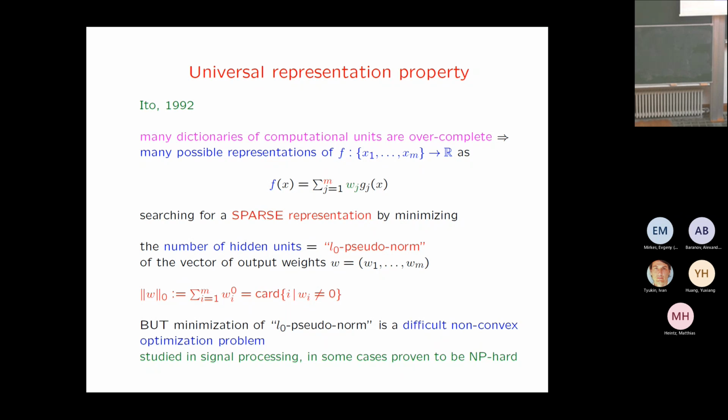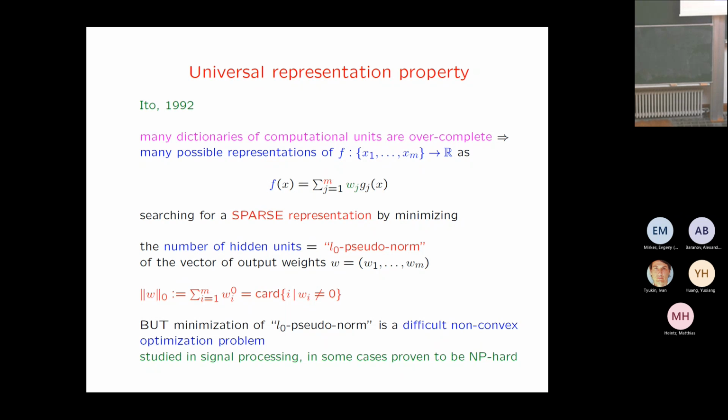And it's really known, and people have even studied it in coding theory and signal processing, and use dictionaries, the word dictionary of computational units, or atoms as they are sometimes called in signal processing. So in many cases, if you have a sufficiently rich family, and this is the case of many dictionaries in neural nets, then there exists such an exact representation, that's why it's called the universal representation property, and not only that, there are plenty of them.